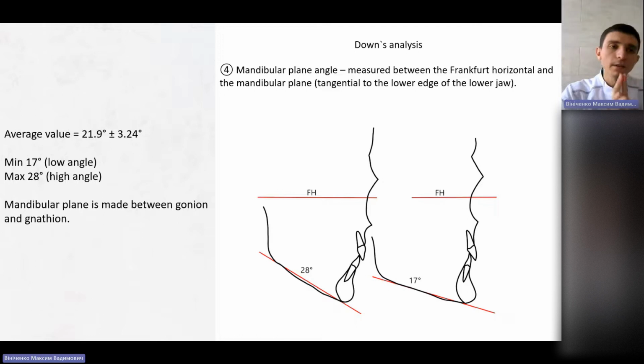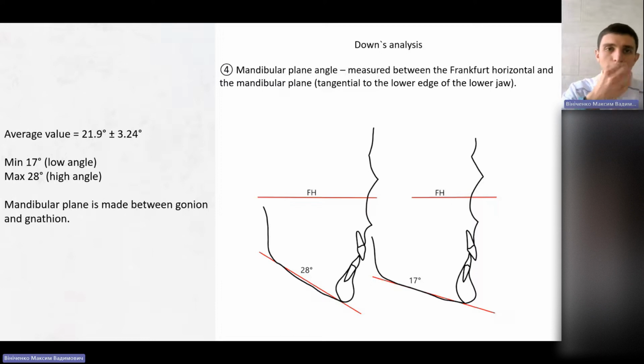If the patient has 17 or lower, we could say, if we work clinically, not theoretically, in orthodontic or orthopedic practice, that this patient has a low angle. Why?